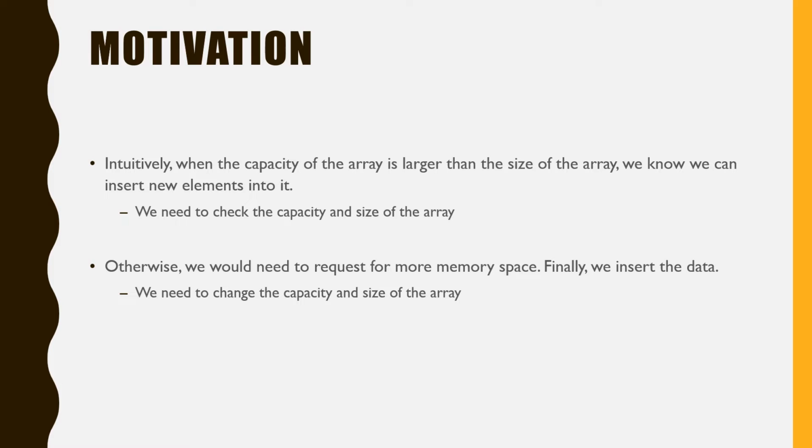On the other hand, once we have retrieved capacity and size information and found that we need more space, we would increase the capacity of the array and add the new data element. In this case, both the capacity and size are changed. As a result, the array data structure should also contain operations that can change the capacity and size.